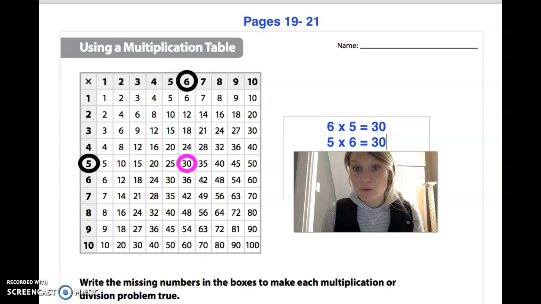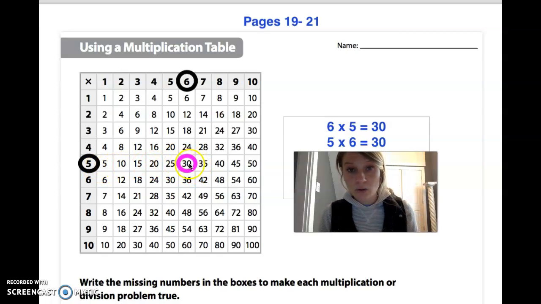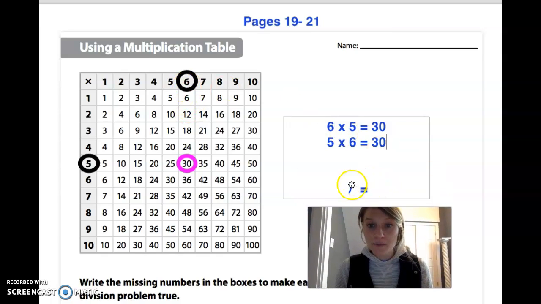But if I wanted to do a division sentence, how would I write this? Use the multiplication chart. 30 divided by 6 equals 5, or 30 divided by 5 equals 6. It's kind of like a fact family.